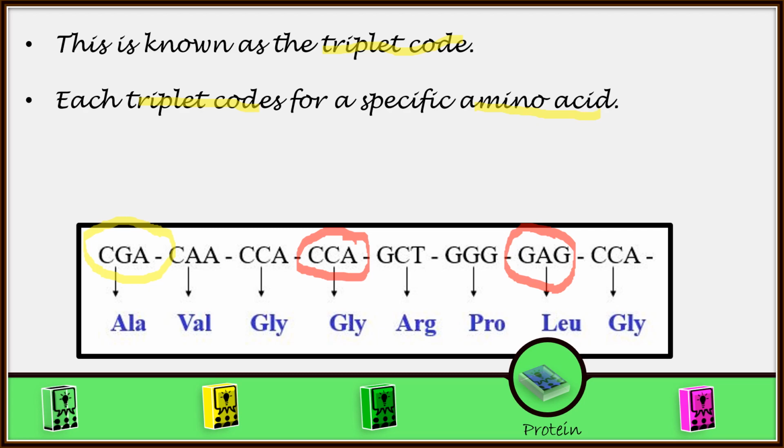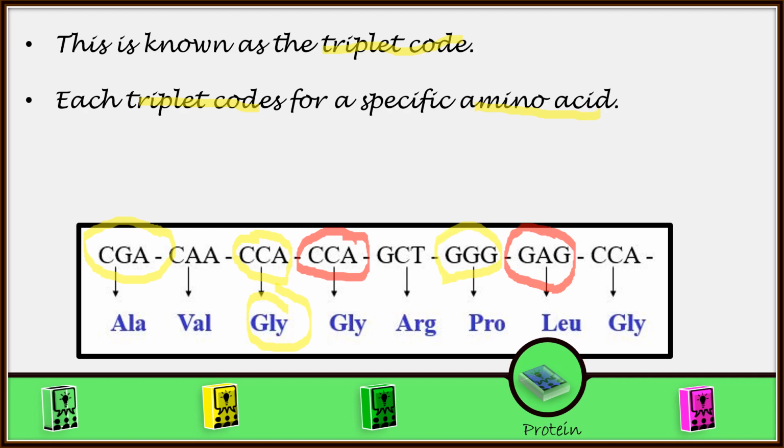For example, we have here cytosine and adenine. This is a triplet and it codes for glycine. Here we have guanine and guanine bases, which we call a triplet.